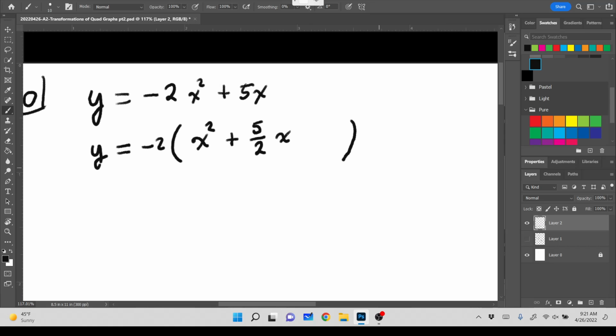Let's leave a gap. Now what do we do? The hint I shall give is we will complete the square.